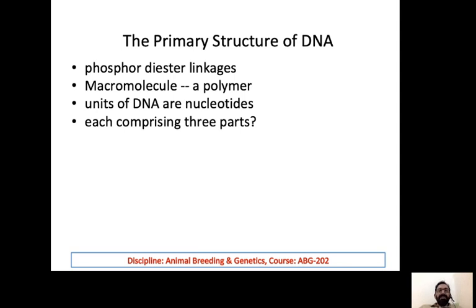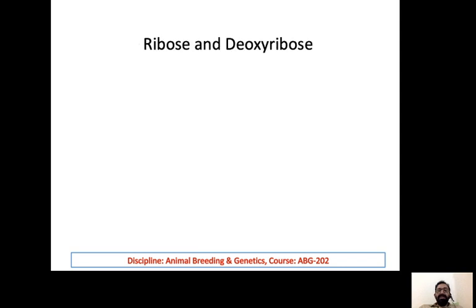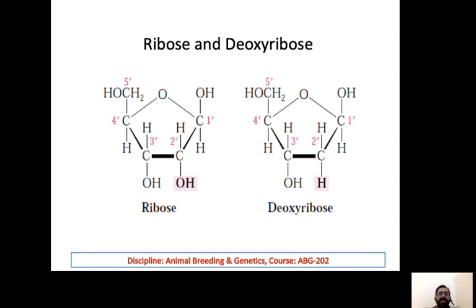Each one of the nucleotides is basically composed of three parts. I previously mentioned ribose and deoxyribose. Here we can see the structure of the sugar ribose.